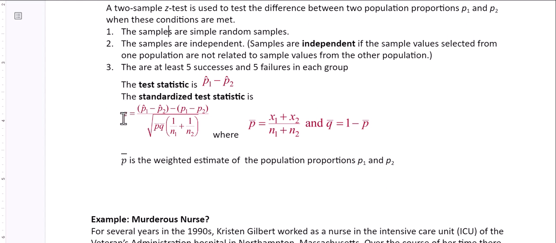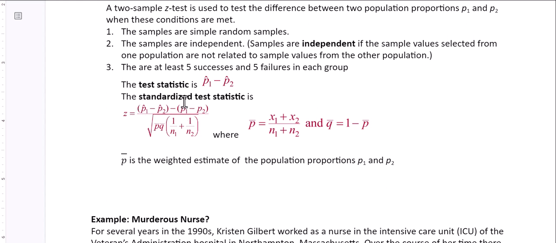So the proportion from one sample, from one group, and then the proportion from the other group in the sample. The standardized statistic is our z-score. And remember, it's always the sample statistic minus the population parameter divided by the standard error. Oftentimes the standard error is the standard deviation over the square root of n, things like that. So here we have this kind of crazy looking formula, and notice that we have p hats there. The p hat refers to the sample statistic.